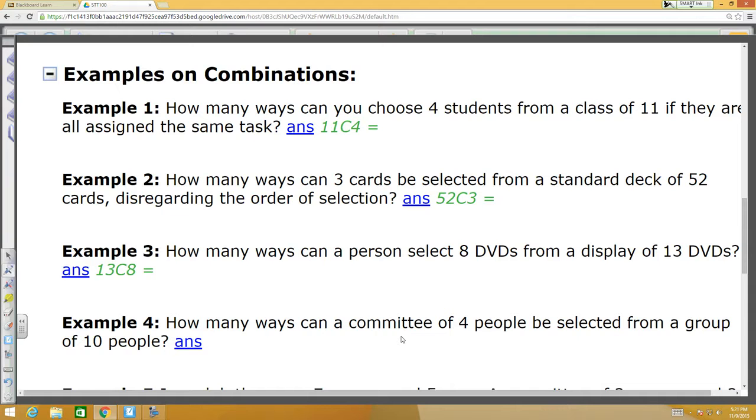But this is not the job of the people who selected the committee, and nothing is mentioned about these things in the question. So all we worry about is the selection process, and in the selection process, who is doing just selection? The combinations, the C. So that's why the answer is 10C4.